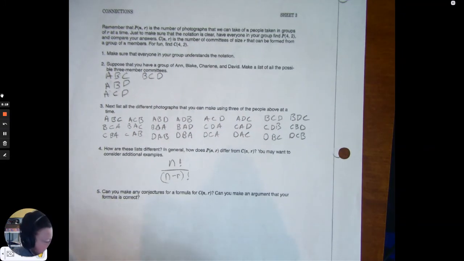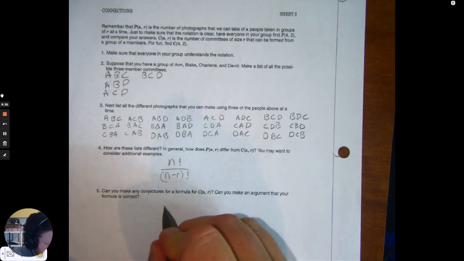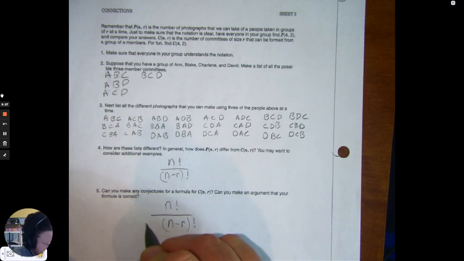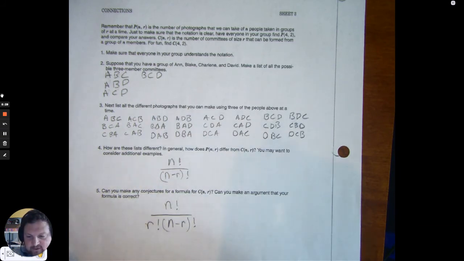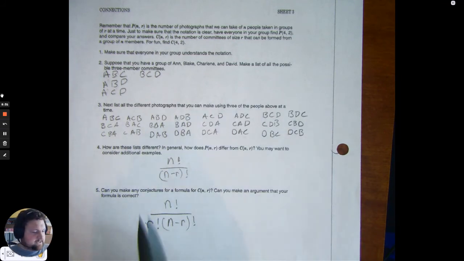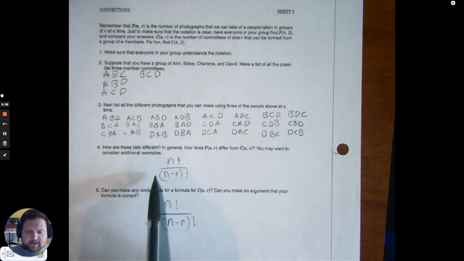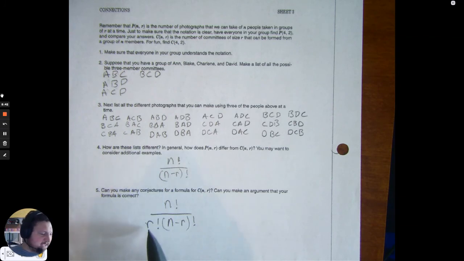And then for number 5, our combinations is n factorial over n minus r factorial times r factorial. So the difference is this r factorial. This is what accounts for all those extra varieties that we can't use down here. That's what tells us the difference between them.